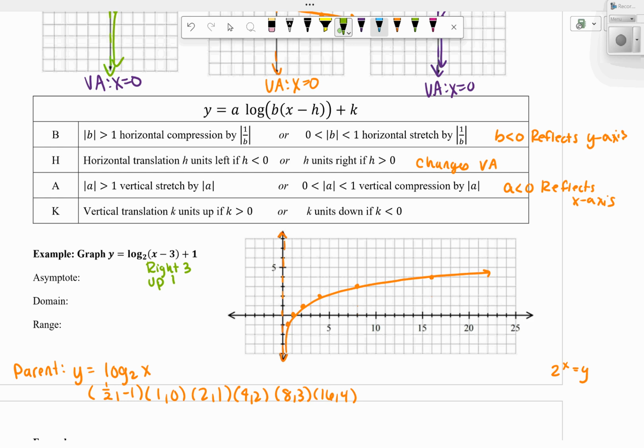So if we move our graph right 3, we're also moving our asymptote right 3. So 1, 2, 3. So now our vertical asymptote is at x equals 3. And so I'm going to move all these points right 3, up 1.